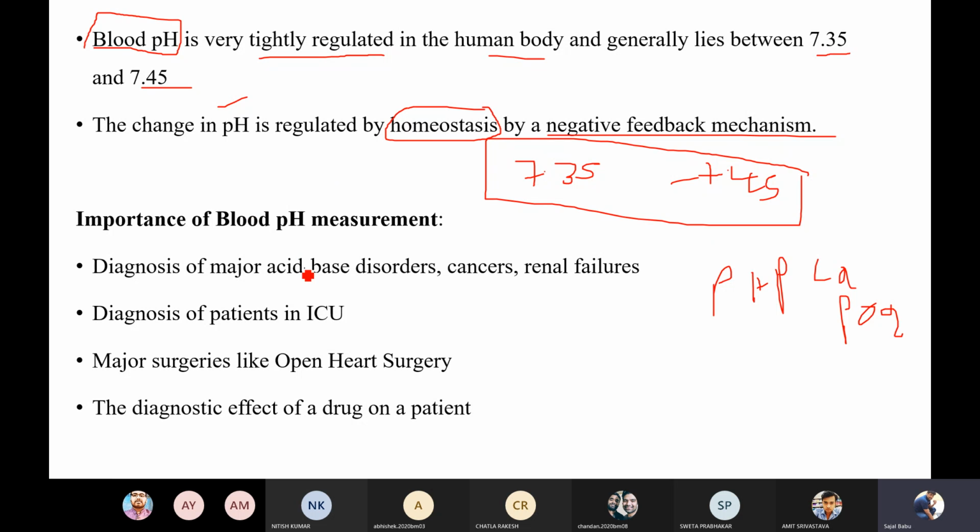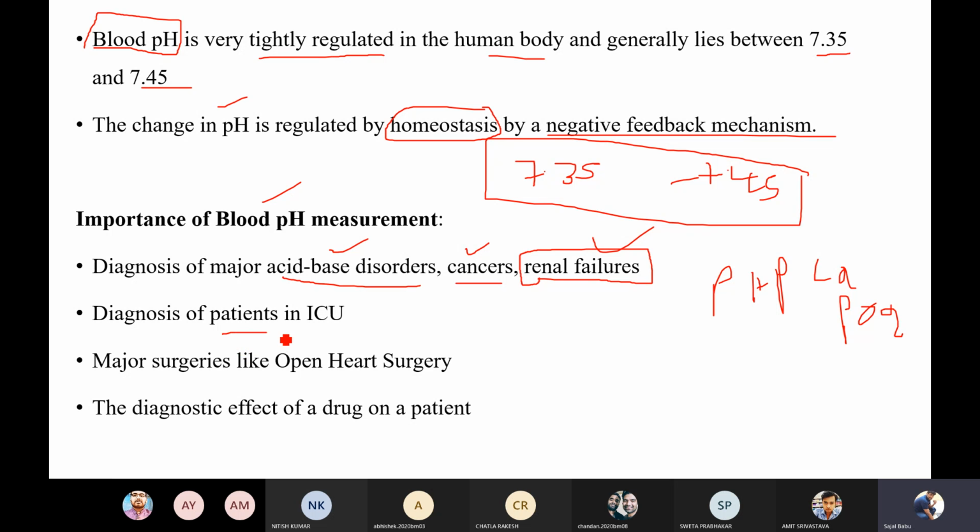If there are acid base disorders, or if you want to diagnose cancer or renal failure. Renal means kidney; renal cells are the cells present in your kidney. For diagnosing those problems you need to measure the blood pH.